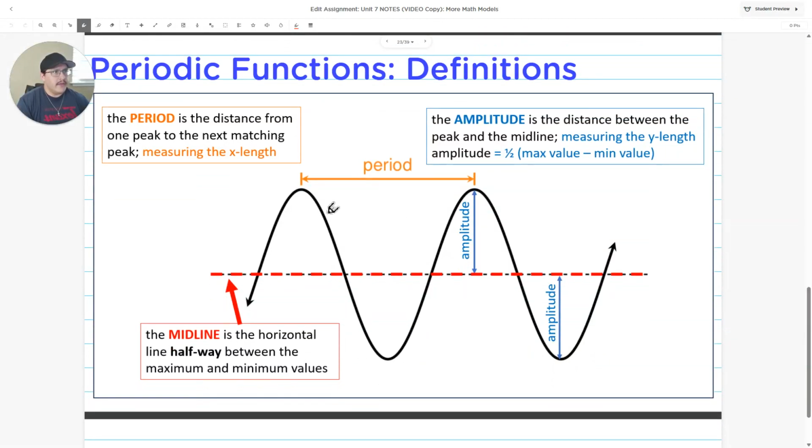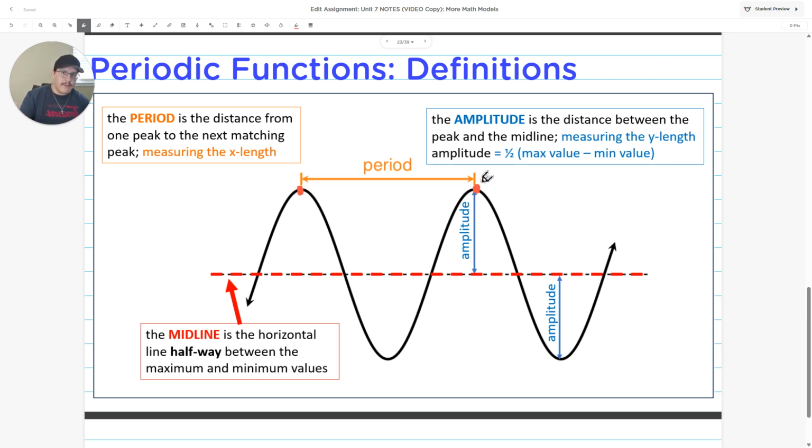So some things that we're going to be looking at in a periodic function are period and amplitude. What is period? The period is the distance from one peak to the next matching peak. Because, like I said, a periodic function is basically a line that repeats its measurements over and over again. And so you will get, on a graph, repeating values.